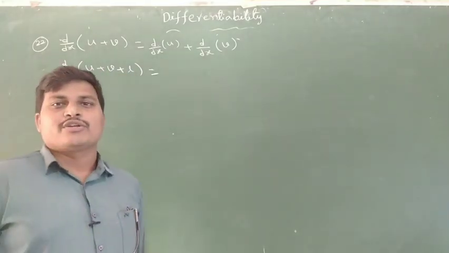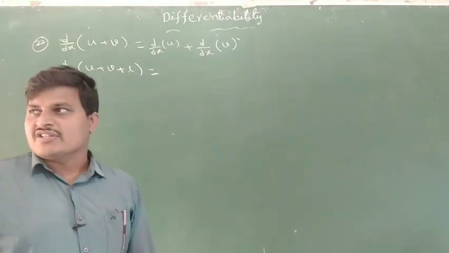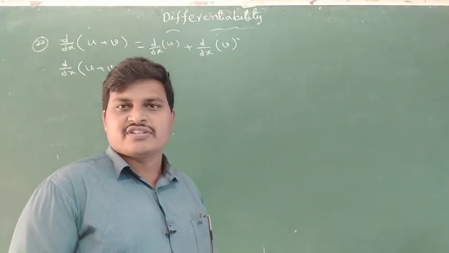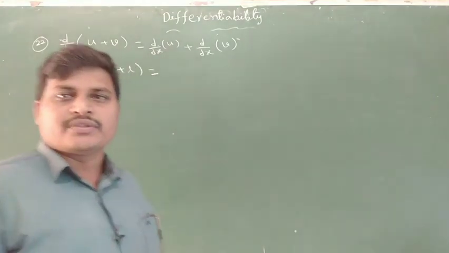Remaining all are constants. Derivative of a constant is 0. This is the final rule.